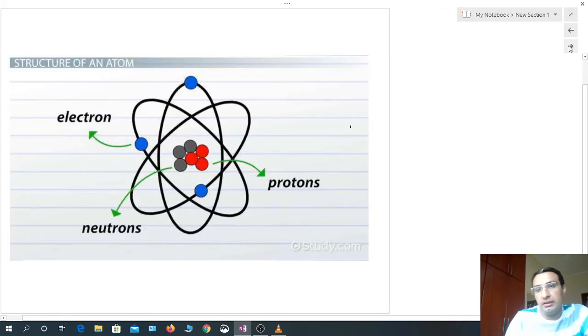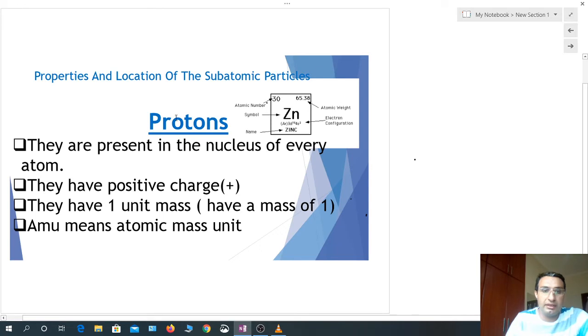Okay, after learning the location of the subparticles, we are going to state the properties of each particle. Let's get started with protons. So protons, you can see, are available in every nucleus of matter, and they have positive charge, and they have 1 unit mass.